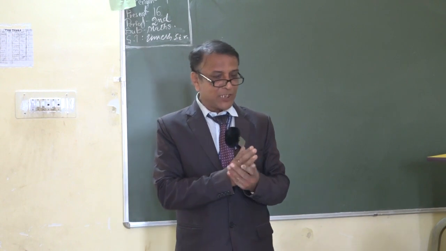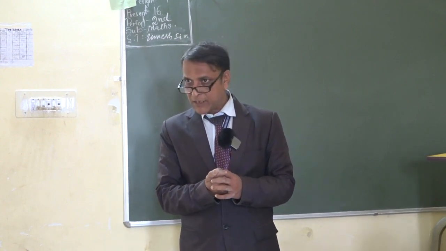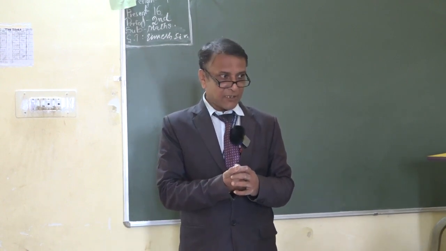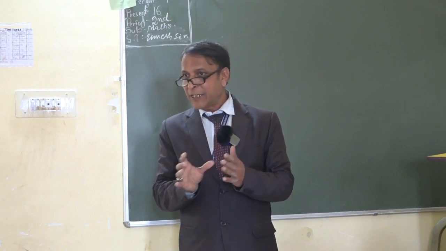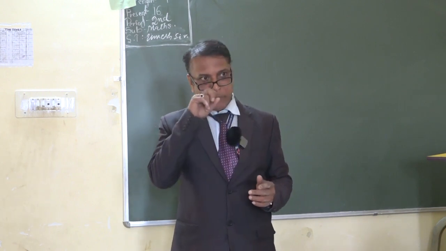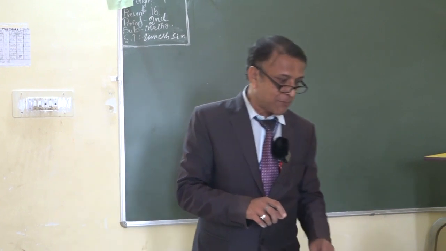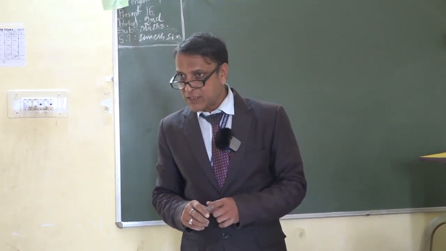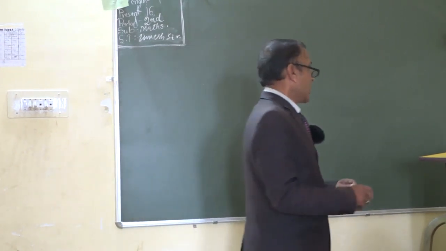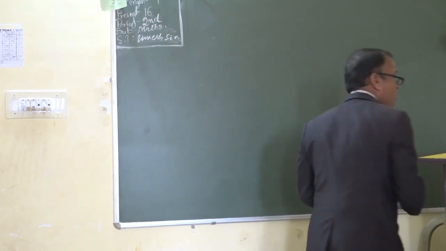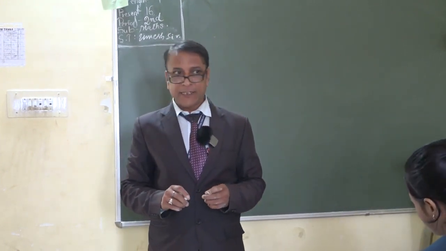Already I think I have finished this chapter, that is symmetry. But once again, I am just giving you a recap of this chapter 12, that is symmetry, about the symmetry and reflection line. So, I said what is called a symmetrical line.